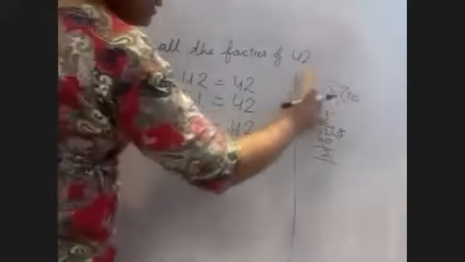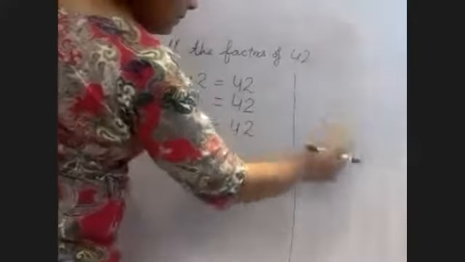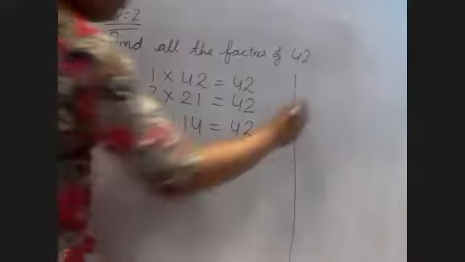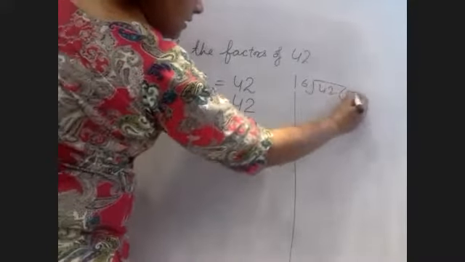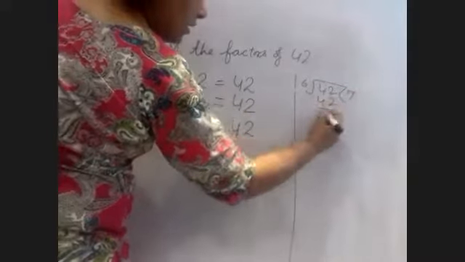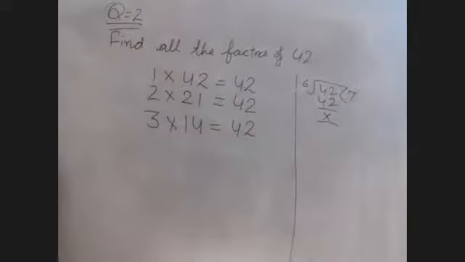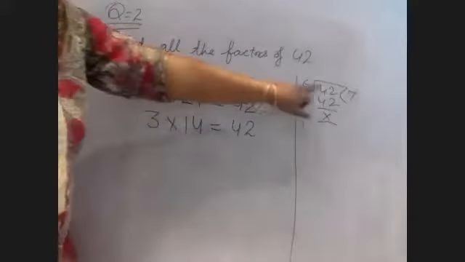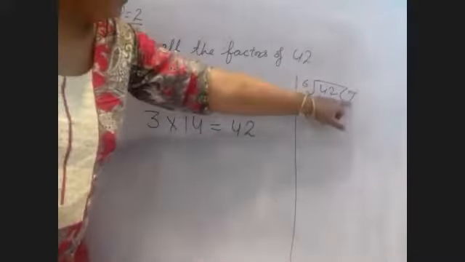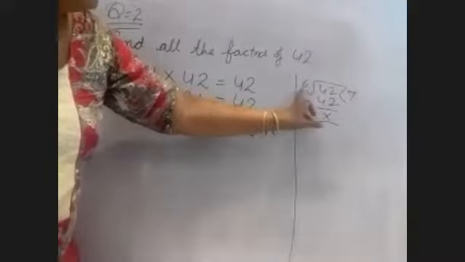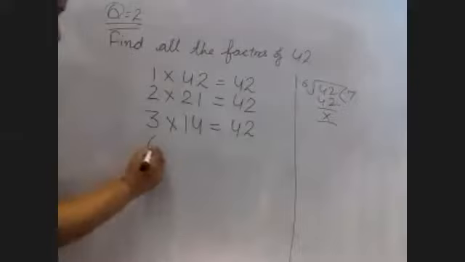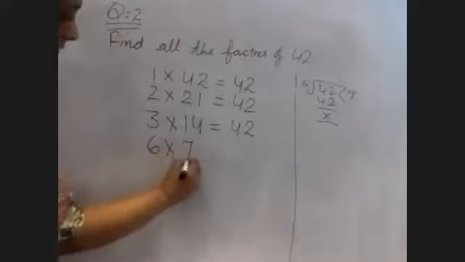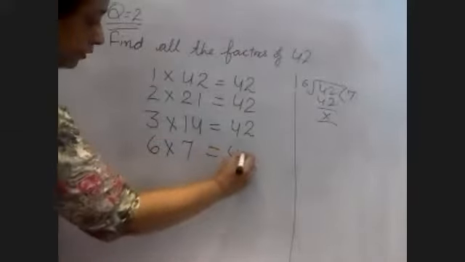Now, next is divide by 6. 42 divided by 6. 7, 6 are 42. We get 7 and the remainder is 0. It means 6 and 7 are factors of 42.